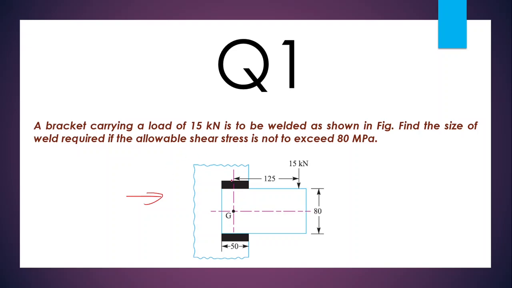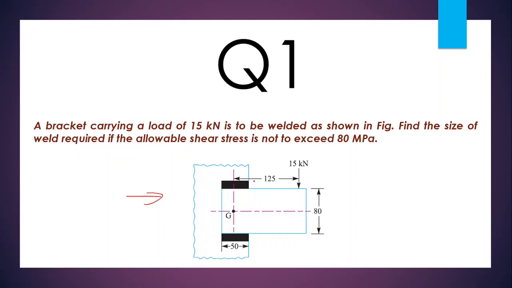Here a double parallel fillet weld is there, and an eccentric load of magnitude 15 kilonewton is at a distance of 125 units away from the center of gravity of this double parallel fillet weld, and the width of the plate is equal to 80 units. We can treat all dimensions as mm.